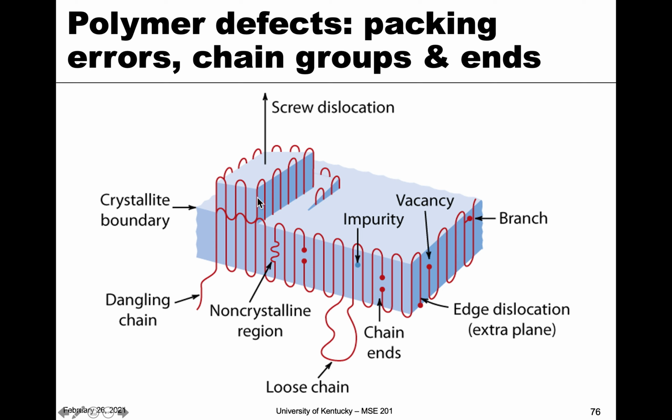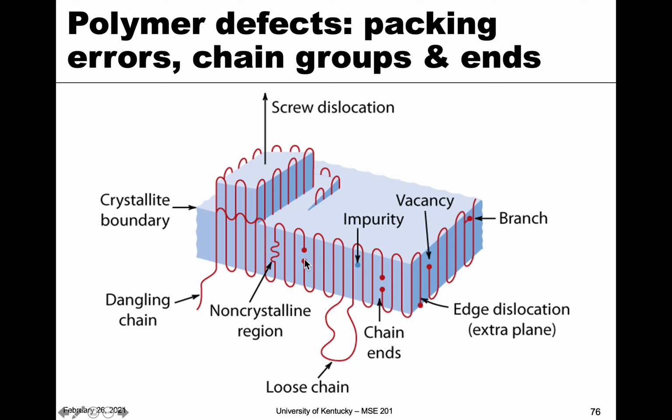So you see here the normal chain of a polymer bending over and combining into a crystal structure. But there can be defects in that. You can have a region like this where the chain doesn't quite align properly, and so it becomes non-crystalline. You can have two ends that don't quite meet, right?